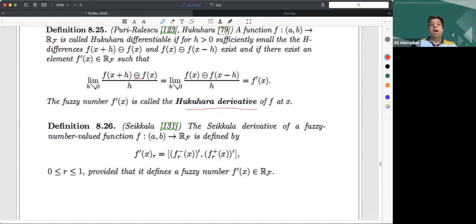Based on this one, a guy in 1987, Stefanini, proposed the derivative based on alpha-cuts. The Hukuhara derivative, or Stefanini derivative, of a fuzzy number is defined like this: the alpha-cut of f prime of x is the left side prime and right side prime, provided that it defines a fuzzy number f prime, for alpha between 0 and 1.